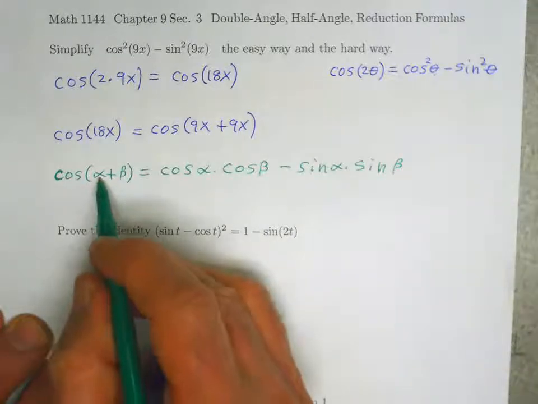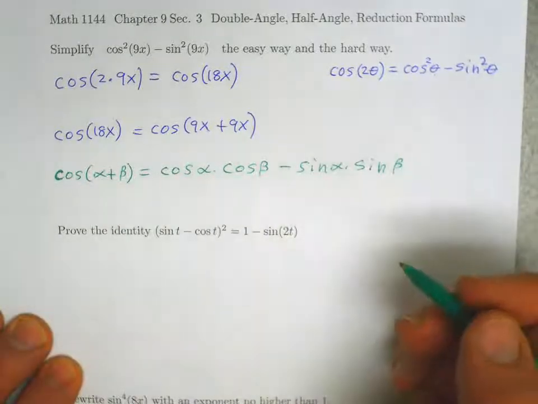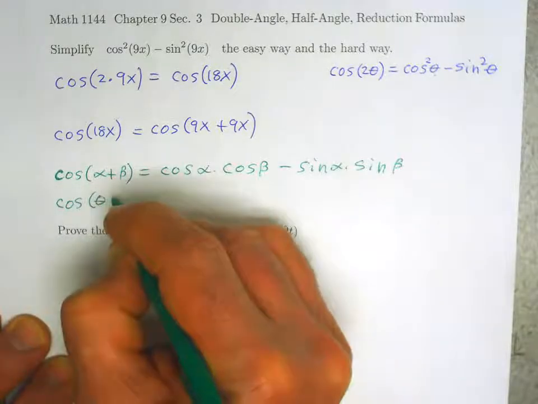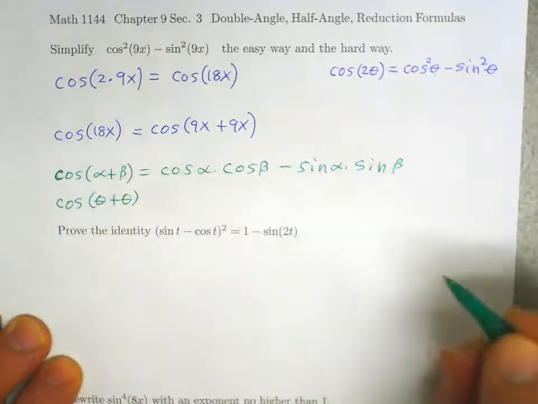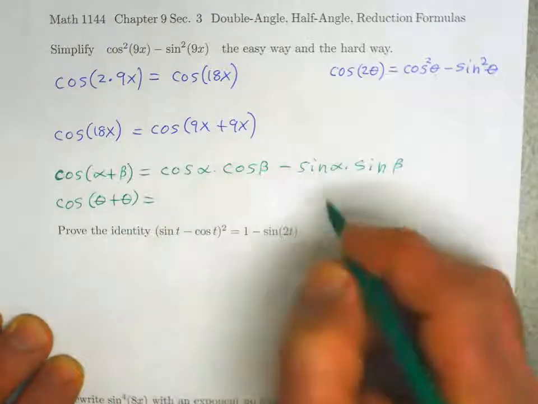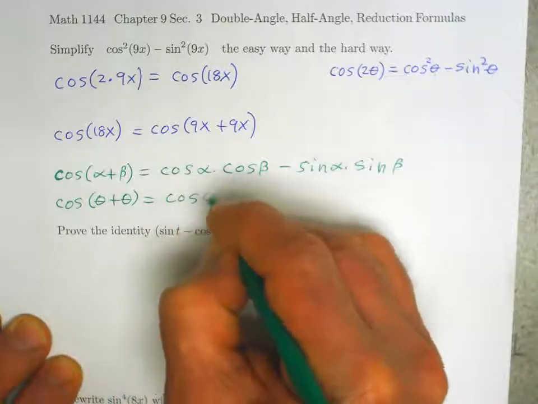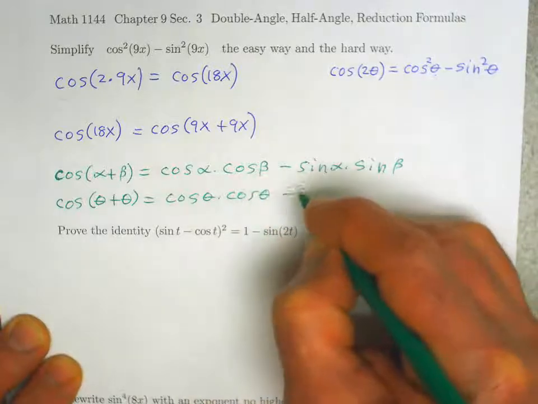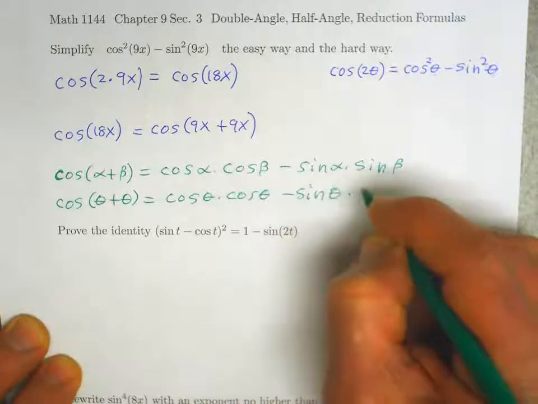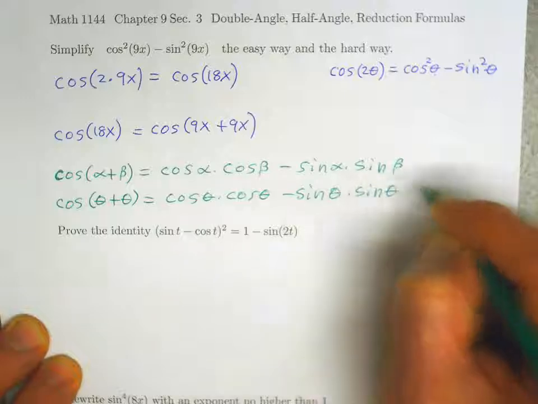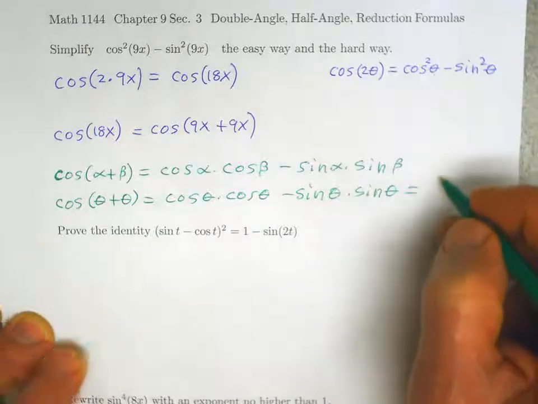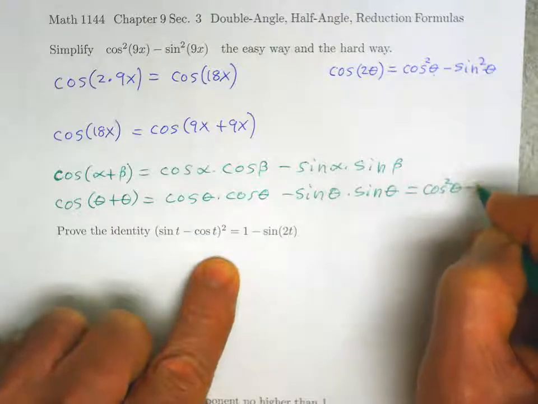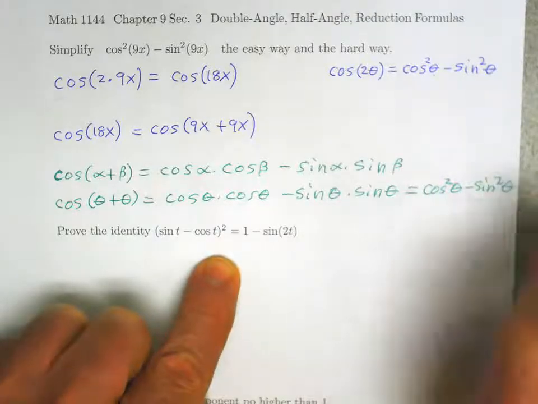And so if alpha equals beta, or if you have cosine of theta plus theta, which is cosine of 2 theta, then you get cosine of theta times cosine of theta minus sine of theta times sine of theta, which is cosine of theta squared minus sine of theta squared.